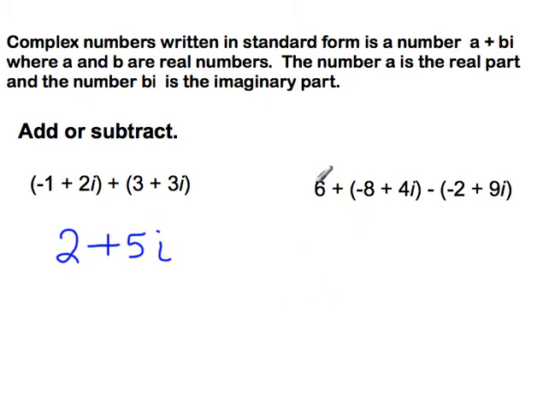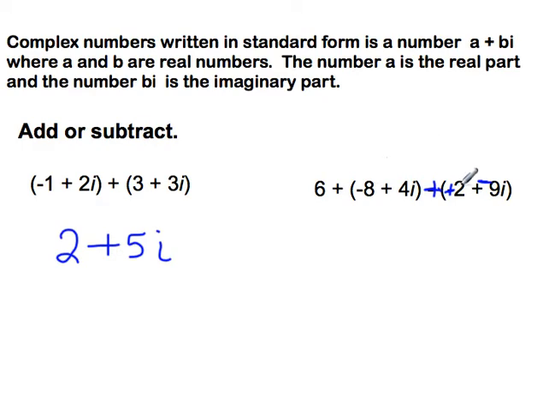Now, the only thing that's different over here, notice we have this minus sign here. And remember when we talked about subtracting is the same thing as adding the opposite. So all the signs in the parentheses right after the minus sign have to change. So this becomes +2 and then -9i. Now it's just a matter of combining the real parts. 6 plus -8 is -2.